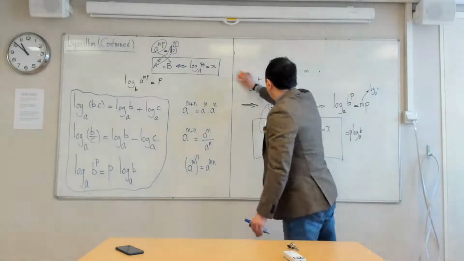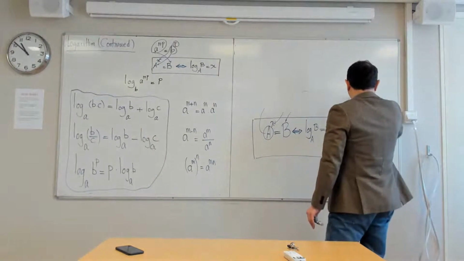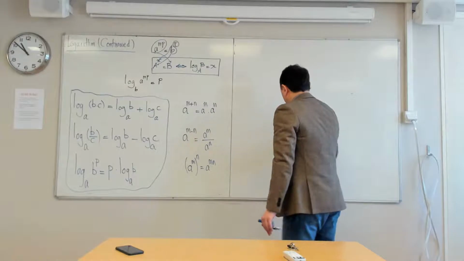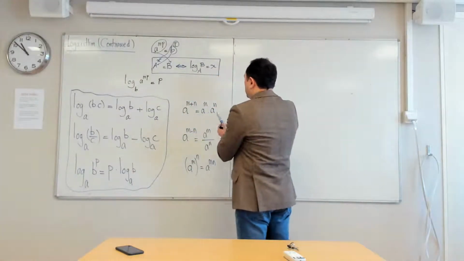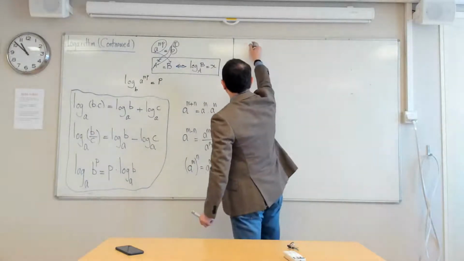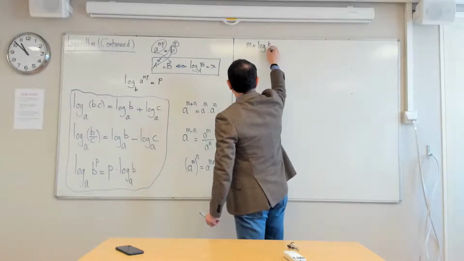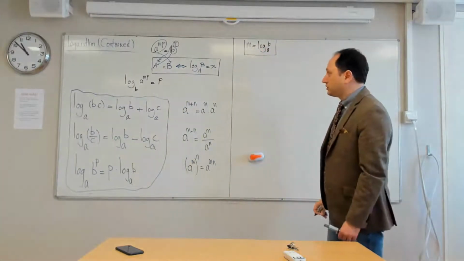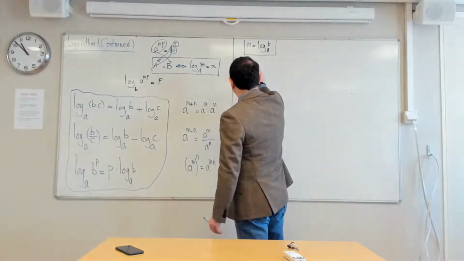Okay, now what I'm trying to say, so let me continue this one now. Remember that what was M? M was the name that I gave to log of B in base A. That was my M from the beginning, if you look at your notes. And now let us explore this one. What happens here?